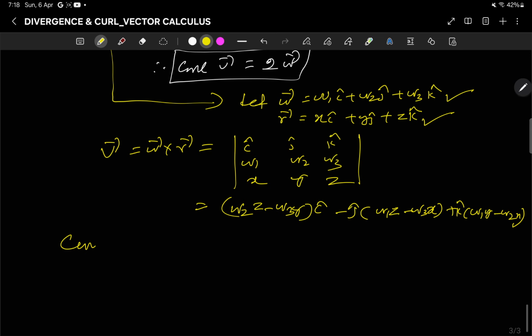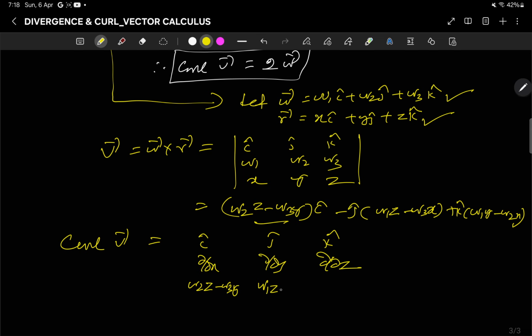Now if I find curl of V, this is the determinant with rows I, J, K; del by del X, del by del Y, del by del Z; and W2Z minus W3Y, W1Z minus W3X, W1Y minus W2X.